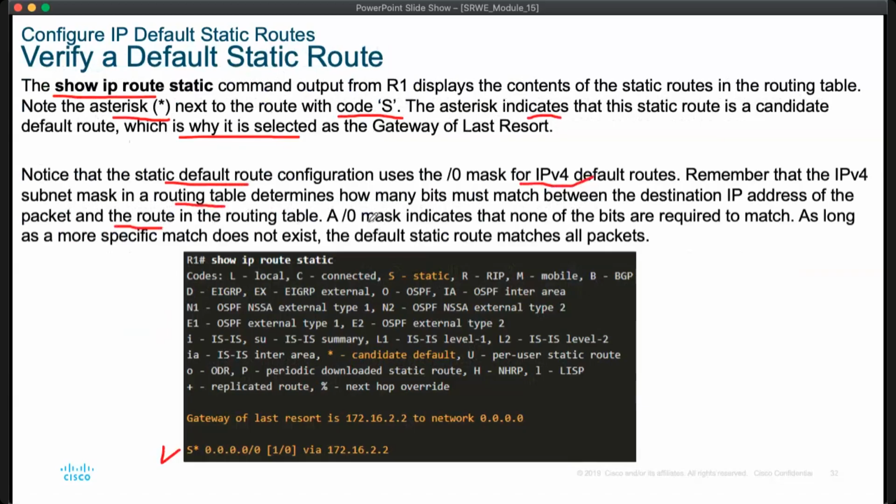A /0 mask indicates that none of the bits are required to match, as long as a more specific match does not exist. The default static route matches all packets.